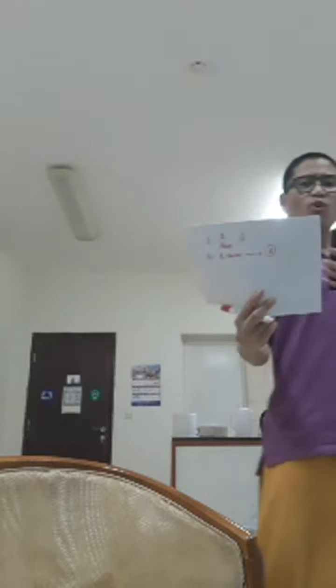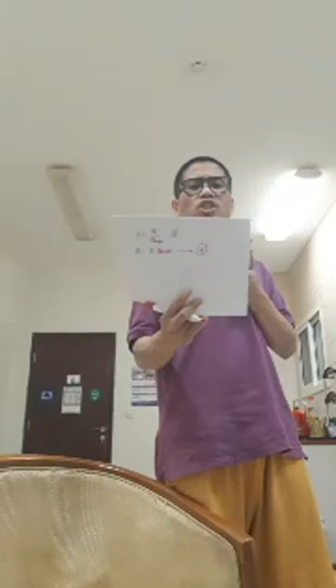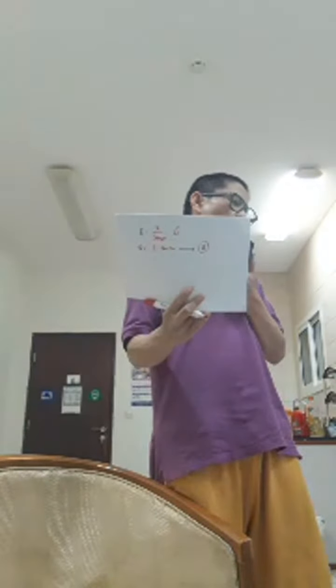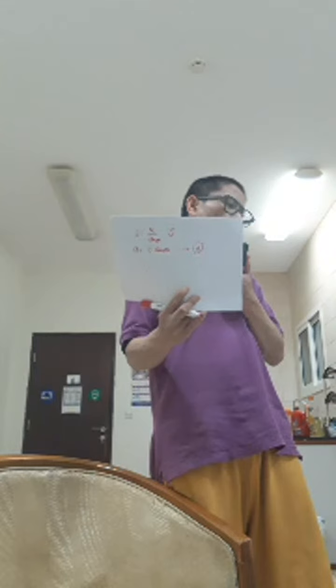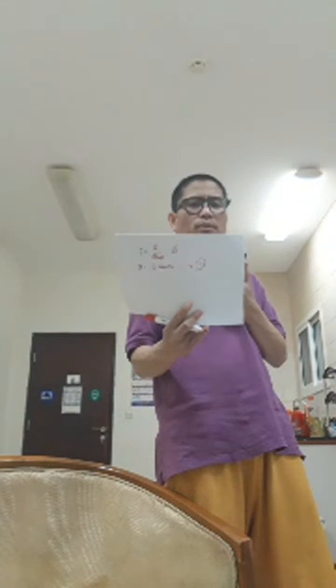So Q is equal to E times Q max. This is our equation number 11: Q is equal to overall efficiency times the maximum heat.